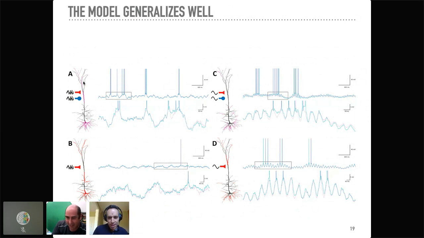A question from Gabriel Benigno. Thanks for the great talk. Have the detailed multi-compartmental models been assembled into a network? If so, how does the network activity differ from simpler LIF models? First of all, Itai has done that a few years ago. There's a very nice paper about that, and this is also part of the Blue Brain project.